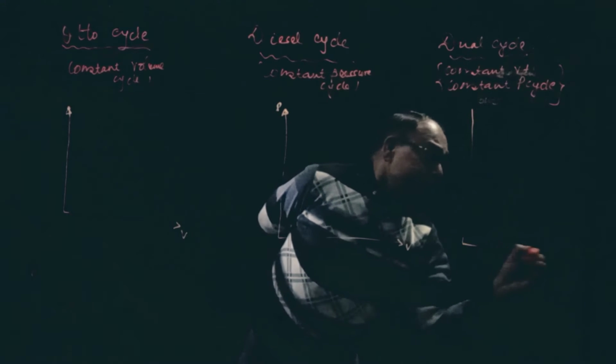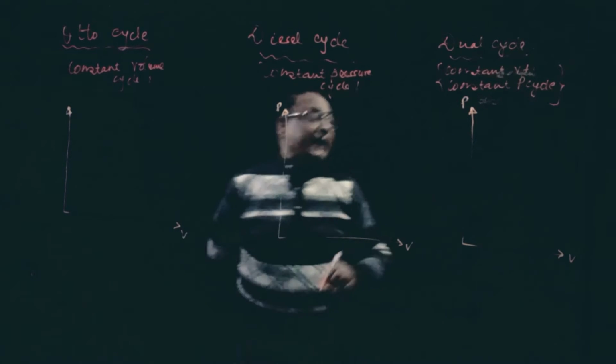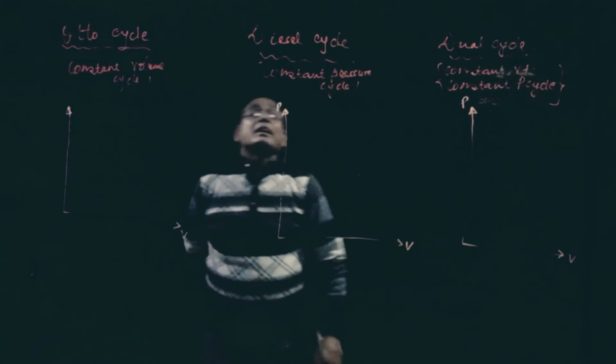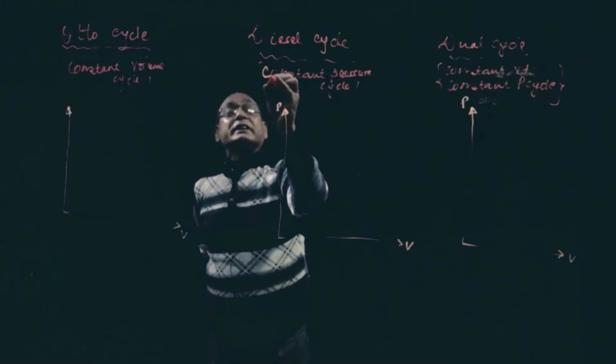See, unless we know how to draw PV diagram, you cannot derive thermal efficiency of the cycle. Okay, that's why I am giving here basic concepts of PV diagram and TS diagram of all these 3 cycles.